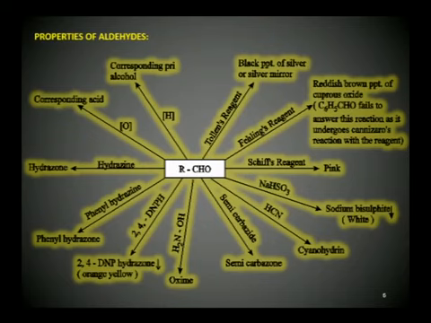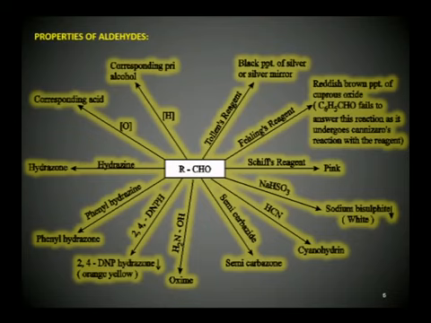When an aldehyde is treated with 2,4-dinitrophenylhydrazine, we produce 2,4-dinitrophenylhydrazone, an orange yellow precipitate, which we also call an orange crystalline precipitate. When aldehydes are treated with phenylhydrazine, we produce phenylhydrazone.